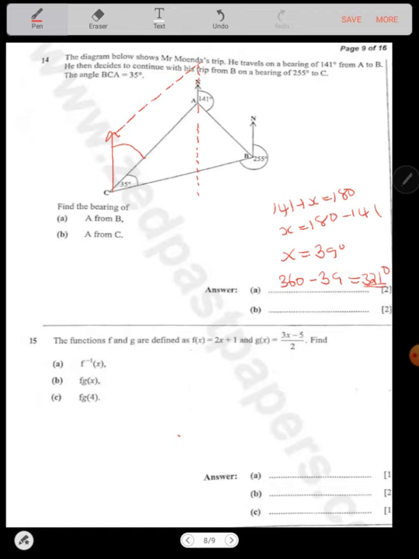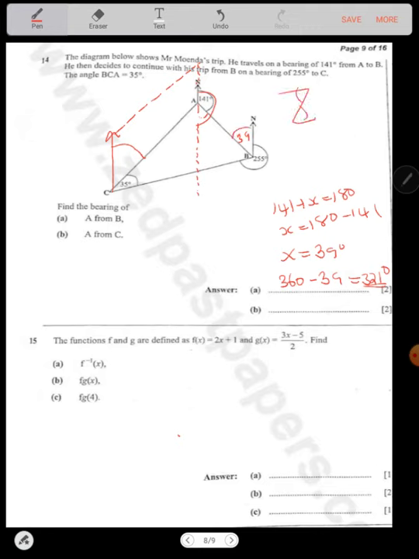Now we know that from here to here it's 180, or this, it's 180. As a result, since we know that this is 39, using this property, the Z property, this angle and this angle, they are equal.